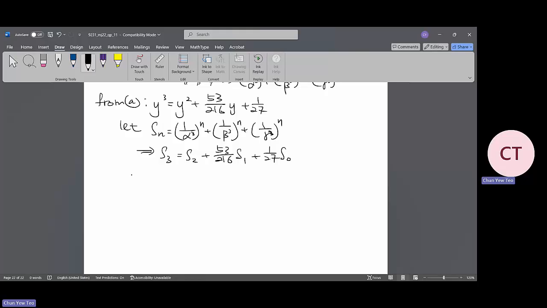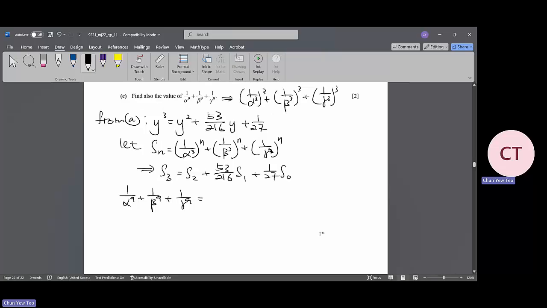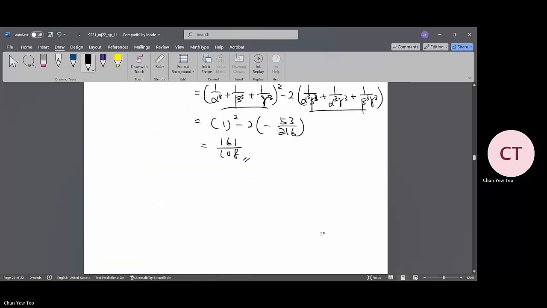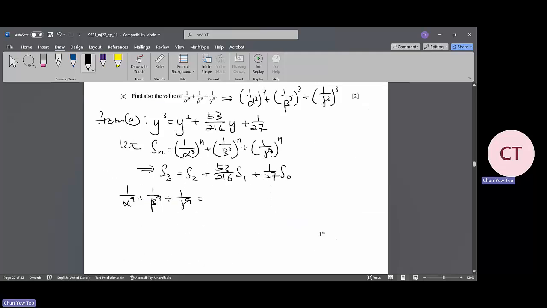So S3, which is 1 over alpha power 9 plus 1 over beta power 9 plus 1 over gamma power 9, is equal to S2. Where is S2? This is S2, 161 over 108.